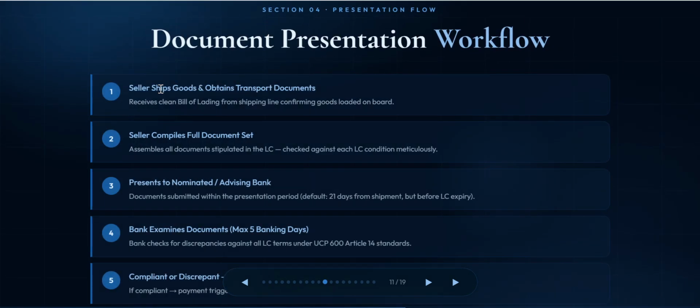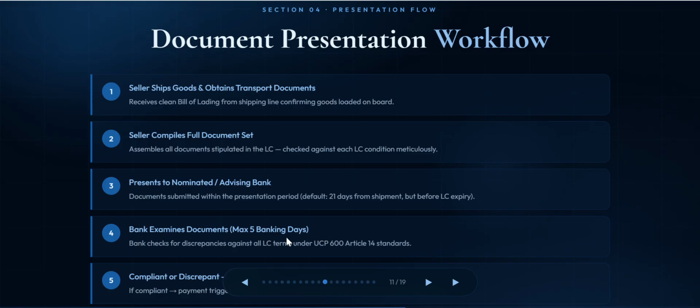Document presentation workflow. The seller will ship the goods, obtain the transport documents, comply with the full document list, and present to the nominated or advising bank. The bank examines the documents within 5 banking days.